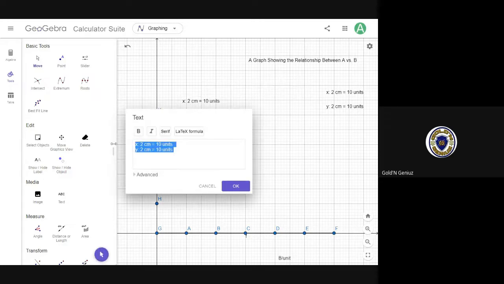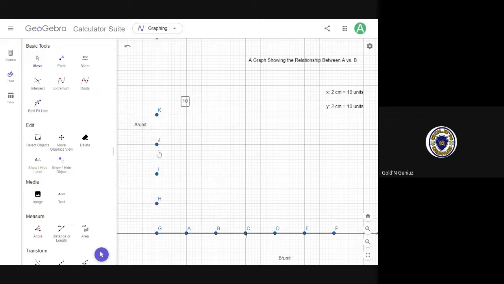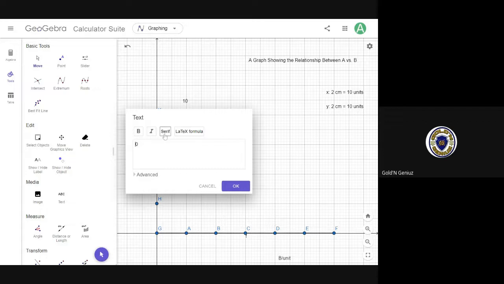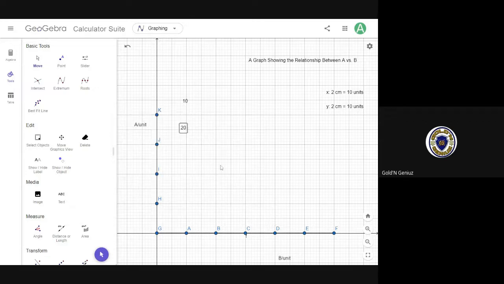So we are going to have 10 right there. Then this is 10, and then we do that to 20. So we create this.